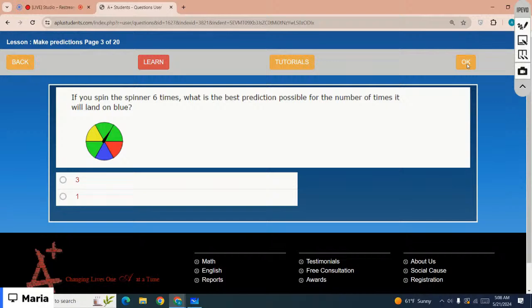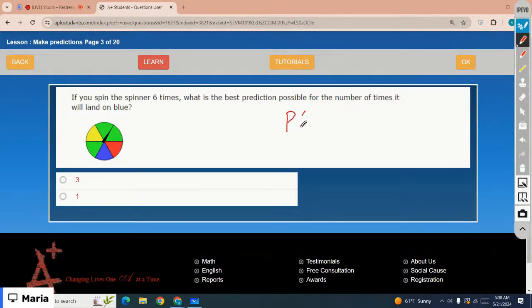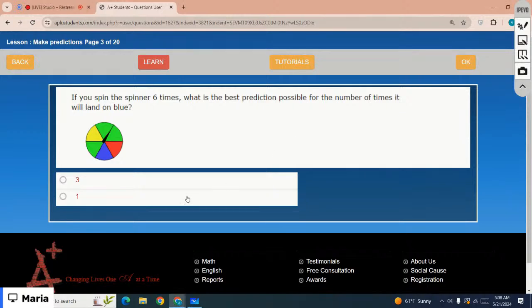So the probability of blue is 1 over 6, because the spinner has total 6 portions and only one of them is blue. And you spin the spinner 6 times, so you have to do 1 by 6 times 6. So that is 6 times 1 is 6 and 6 times 1 is 6, that is only 1. So the correct option is 1. Out of the 6 times, it will land on blue only one time.